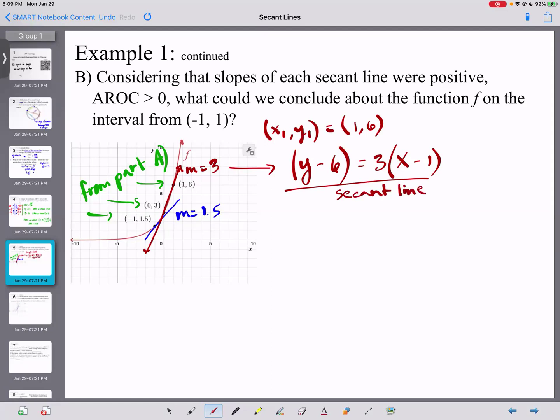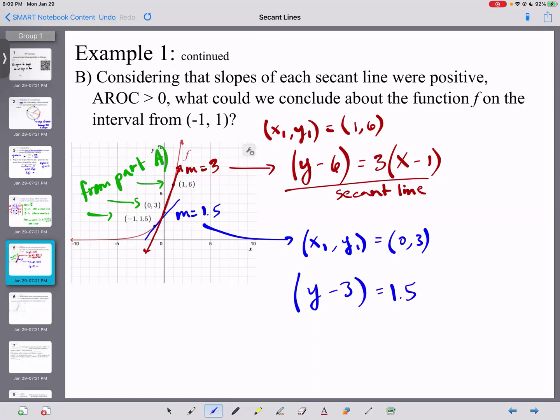And the other, if we wanted to find that in blue, if you had to know the equation of this secant line, we could plug in a different point. I'll plug in the (0, 3). Then my equation would be, sorry, use my formula here: y minus, I'm plugging in the 3 here for y, equals m, which is 1.5, times x minus 0, which could be simplified to simply 1.5x.